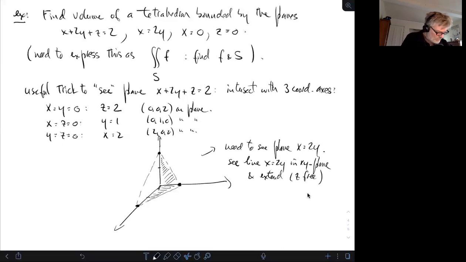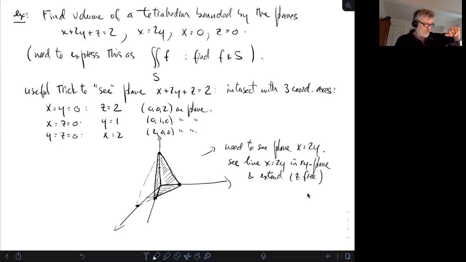So it's something like that, right? So it'll extend up. So the tetrahedron that we're looking for is actually here. That's the guy. Okay? So that's my tetrahedron.